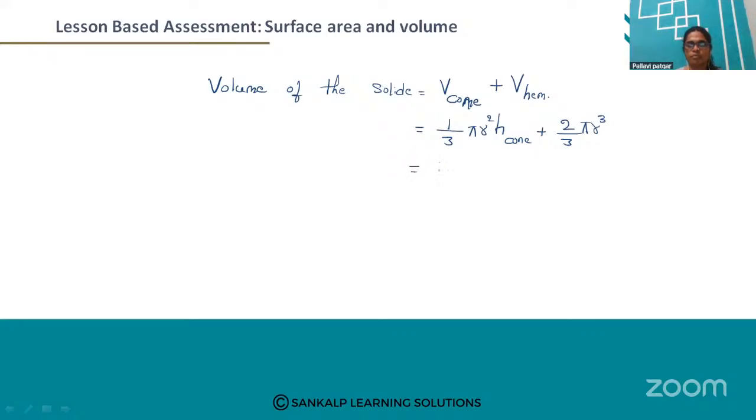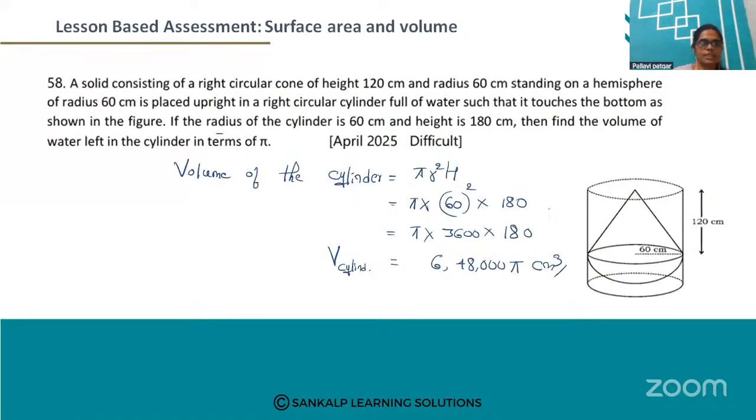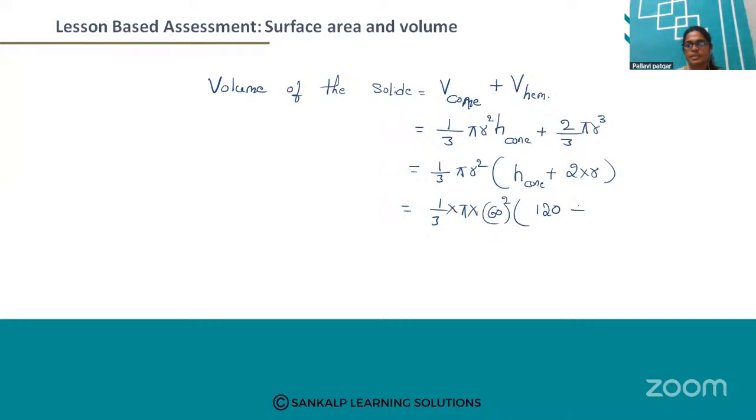Here 1/3 pi r square is common, so in both the sides, here remains h plus 2r. So this is equal to 1/3 into pi into r, the radius, into height of the cone is 120. So the height of the cone is 120 centimeter plus 2 into radius.